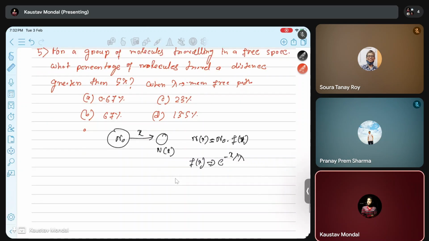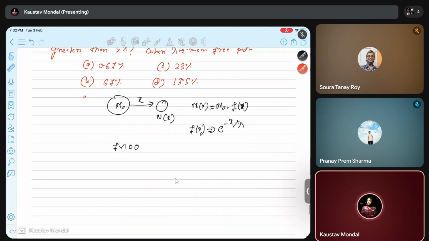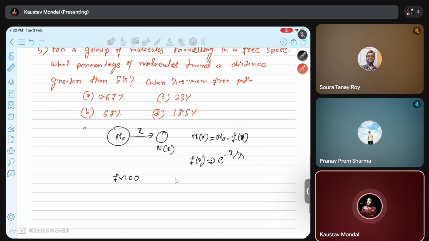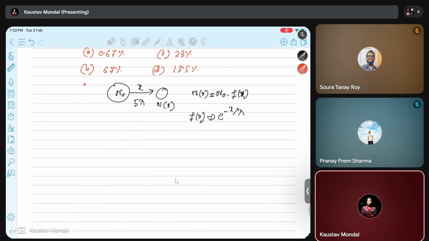Okay. So if you calculate this probability fx and multiply it with 100, this gives you the percentage of molecules that have the free path greater than 5 lambda. So that means those molecules survive this distance 5 lambda. So fx here will be e to the power minus 5 lambda by lambda.